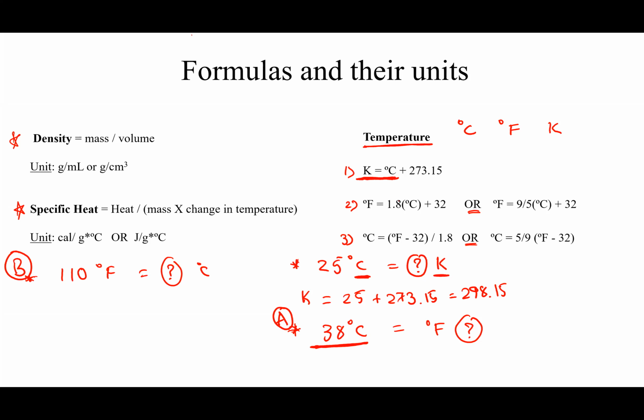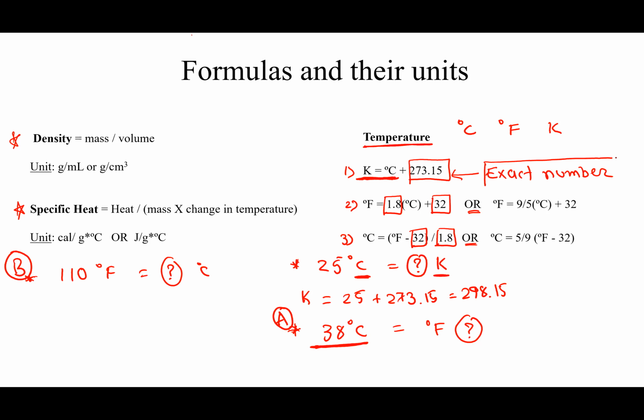Why? Because in these formulas, the number that you see here is working as a constant, and it is considered a constant number. If it's a constant number, you are not going to consider how many significant figures it has. You will learn this in more detail in the lecture. This number is called an exact number.